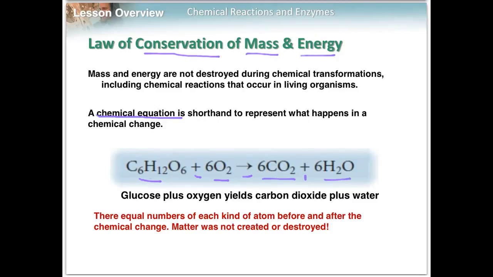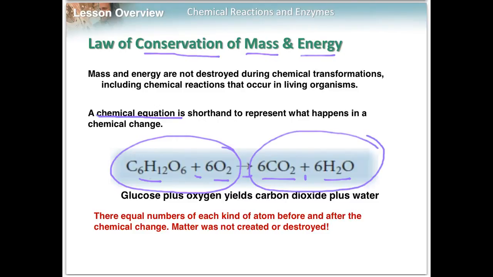Now, when we look at this, you can see that we have equal numbers of every kind of atom, both before the reaction starts and after the reaction has occurred. So that means that matter was not created or destroyed in this chemical reaction.